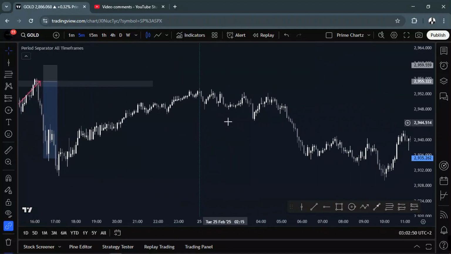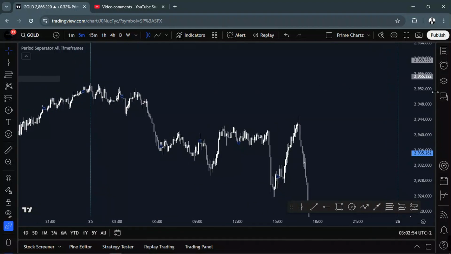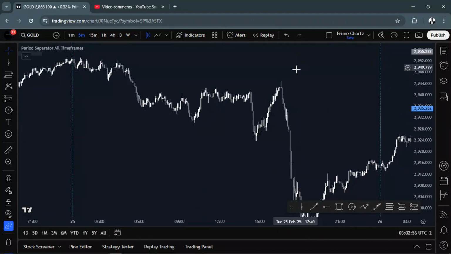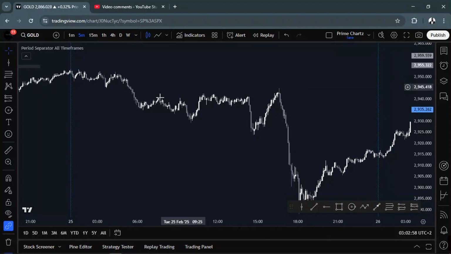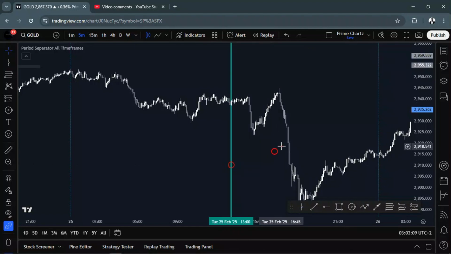So now let's go on Tuesday, which was the following day. Okay, so this was Tuesday the 25th. And again, we're going to have our vertical line at exactly 1 o'clock, right?